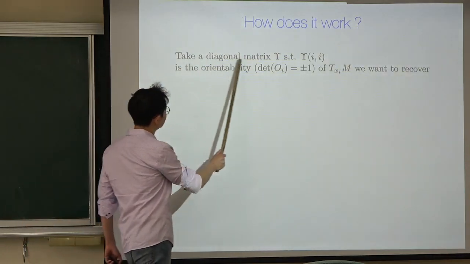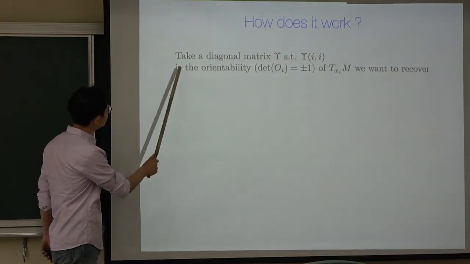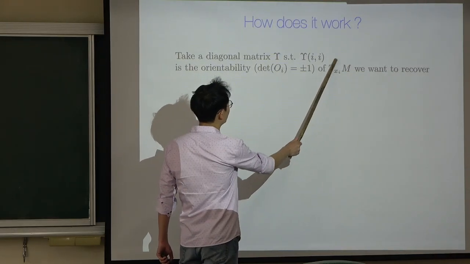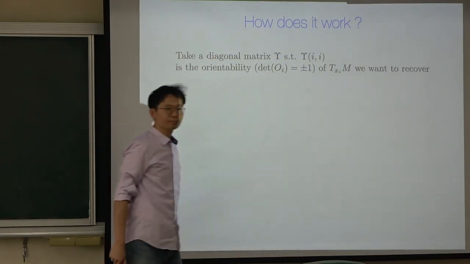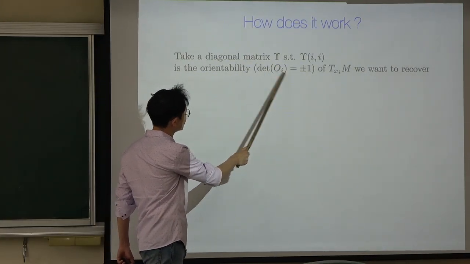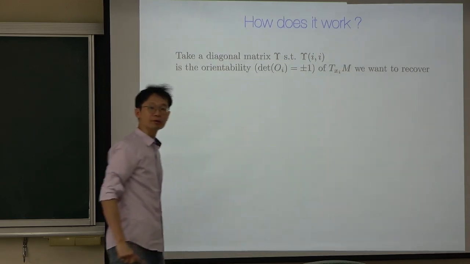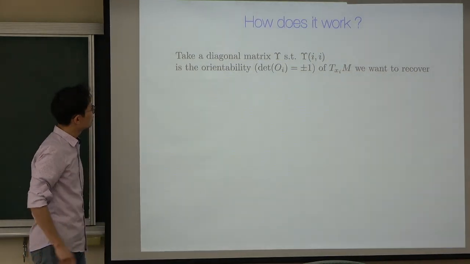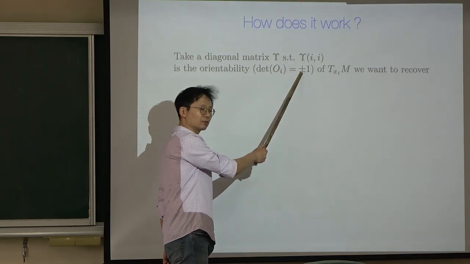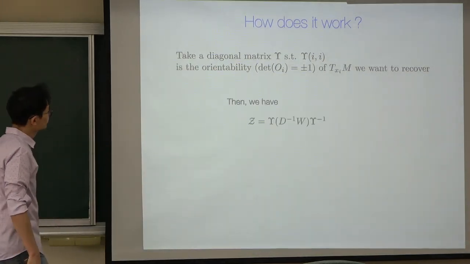So let's take a diagonal matrix called gamma. Okay, and suppose gamma is the orientation of the basis of the tangent space. That is, suppose O_i is the basis, its determinant is either positive 1 or negative 1 of the tangent space. We want to recover this. And this is why it's positive or negative, as I mentioned, because when we run local PCA, we don't know if it is positive or negative.